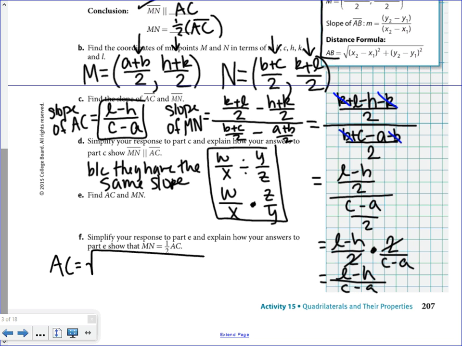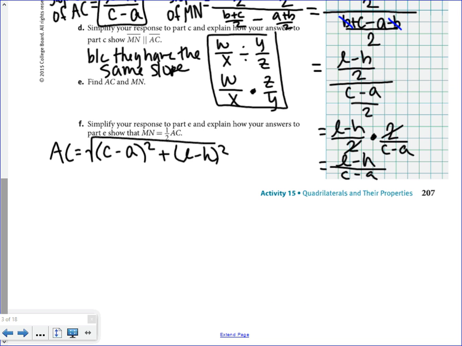So the square root of x2 minus x1 squared plus y2 minus y1 squared. So it's going to look in that form. And using your points A and C, your x values are C and A, and your y values are L and H. So that's what you have for the length of AC.